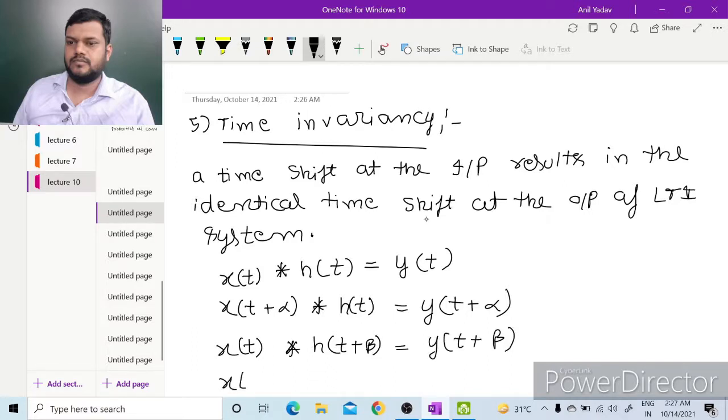Now if we do both, x(t plus alpha) convolved with h(t plus beta), then output became y(t plus alpha plus beta).